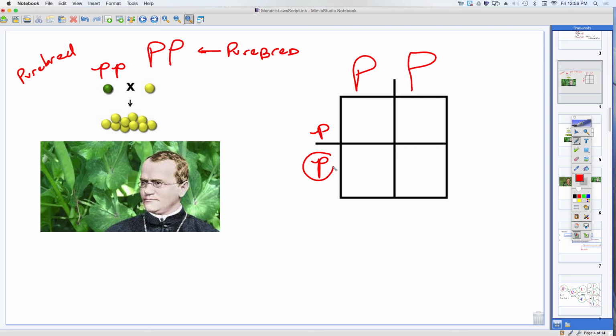And what this Punnett Square is doing is it is simulating meiosis. It is separating the homologous pair. And so we could think of this little p as being inside of a sperm, and this little p as being inside of a sperm. In contrast, the big P is in an egg, and the other big P is in an egg.